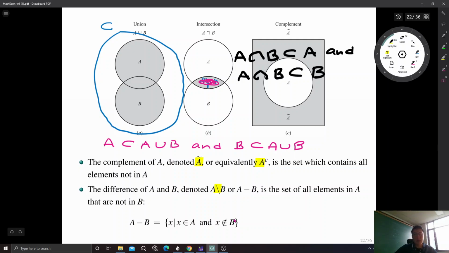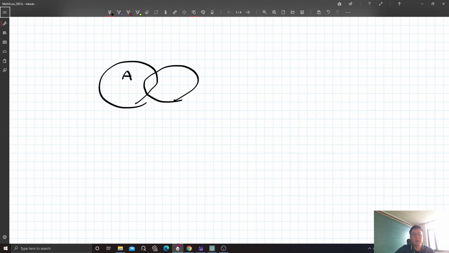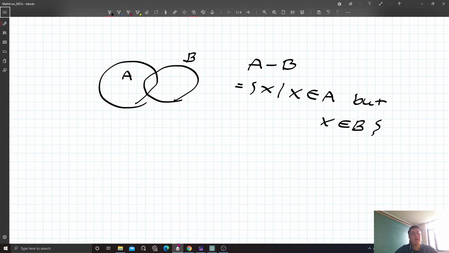All right. From this definition, let me first show you a graph. Here is set A. Suppose we have set A, and we have set B here. Then A minus B is the set of elements x such that x is an element of set A, but not an element of set B. So this is going to be this region.